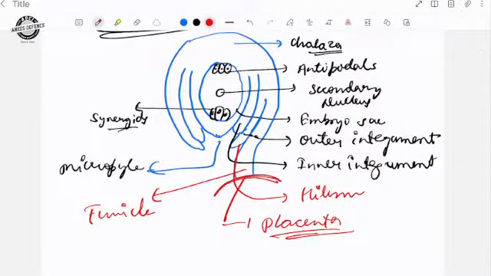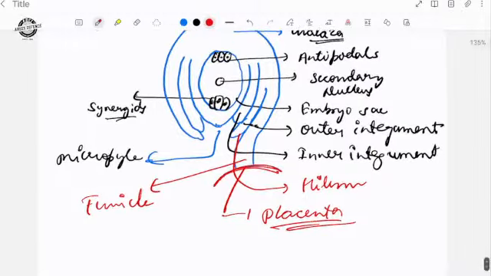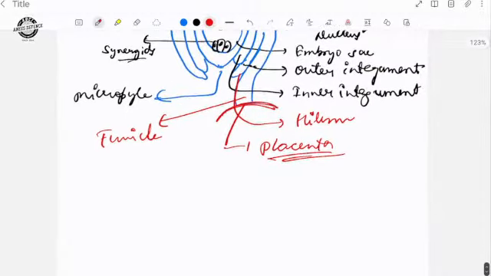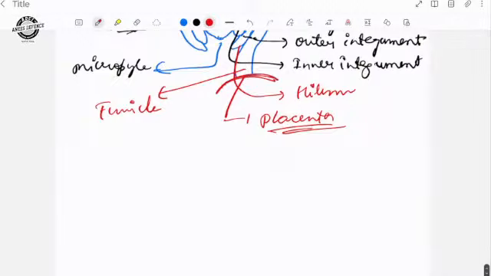We should remember all the parts of the ovule, which part is containing what. Okay, slowly we are going to understand the part where the female gametophyte is going to be formed.